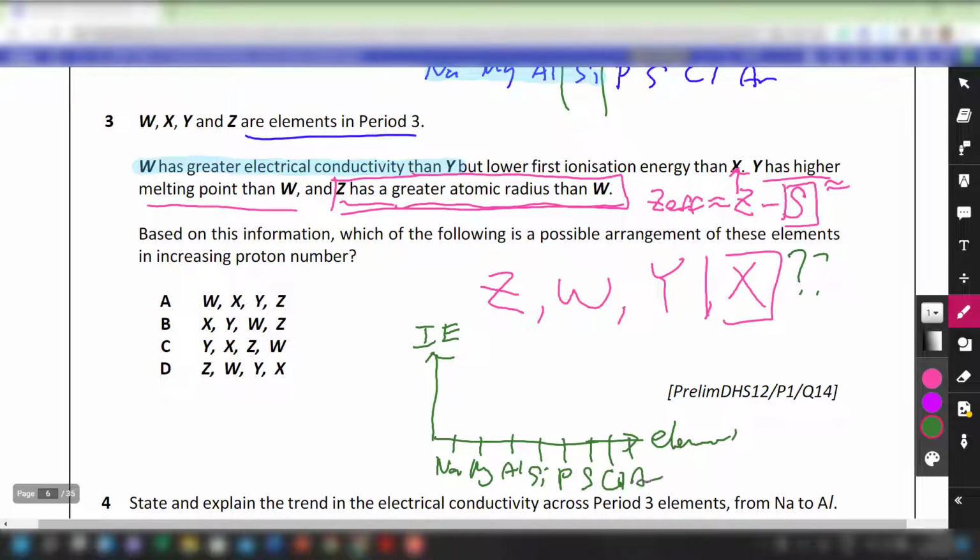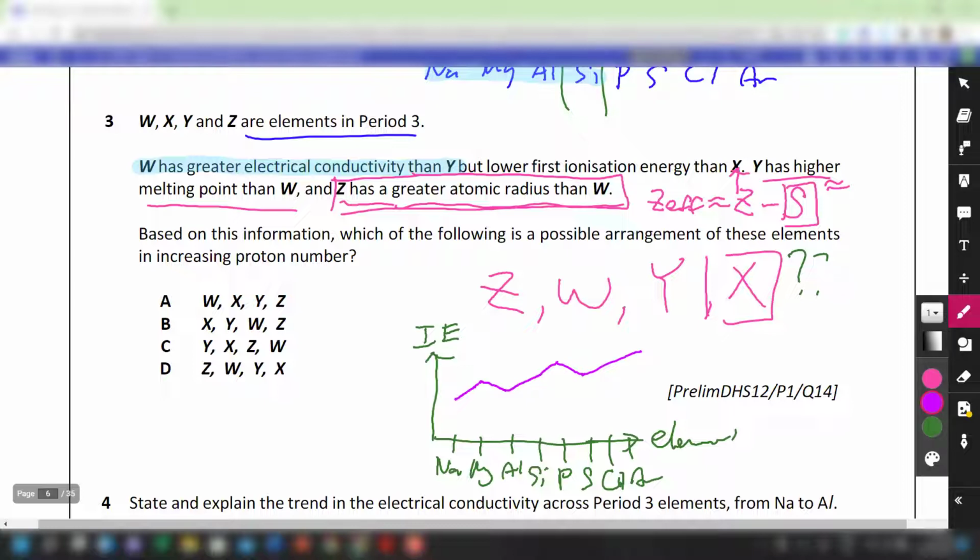If we draw the first IE trend, you know that it will increase from sodium to magnesium, and then because for aluminium the valence electron goes into the 3p subshell, which is on average further away from the nucleus, aluminium will drop slightly. After that it will continue to increase until phosphorus, and then for sulfur it will drop slightly because that will be the first instance of pairing.